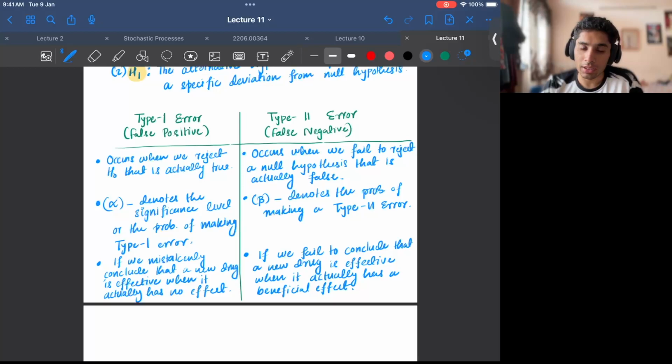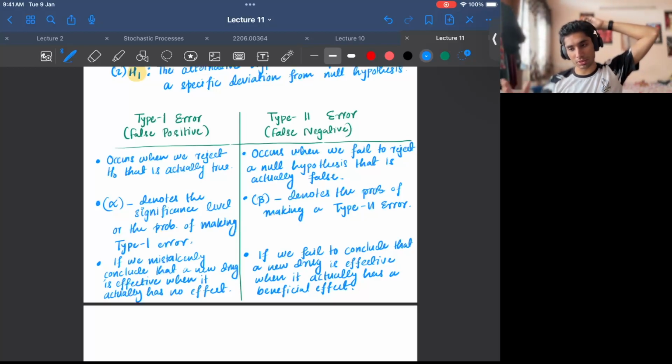Okay, so in general, there is no concrete answer, but in general, a type 2 error is more dangerous. When you make a type 2 error, that is actually more dangerous.